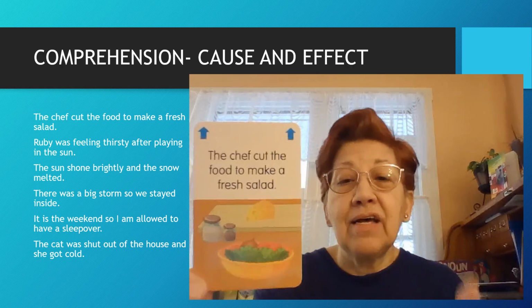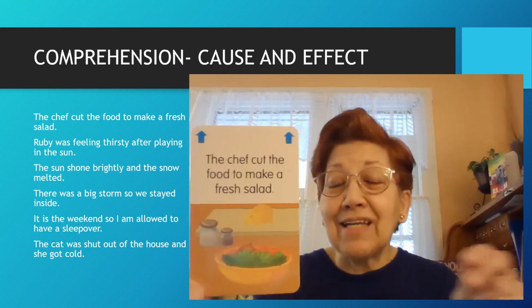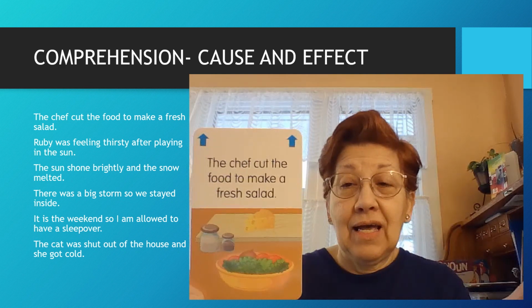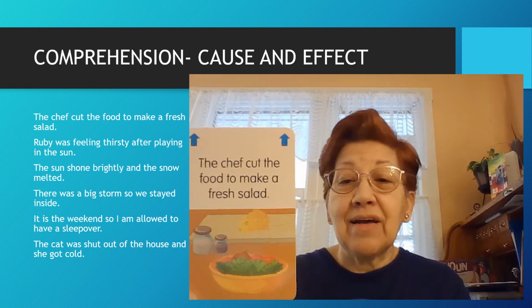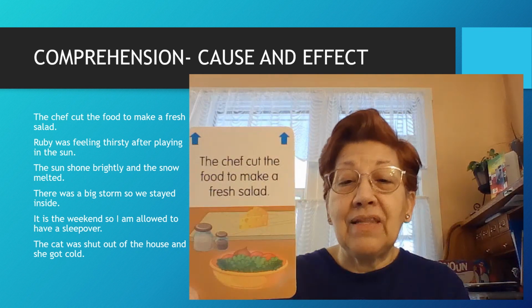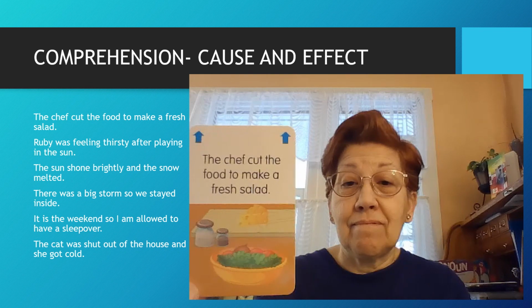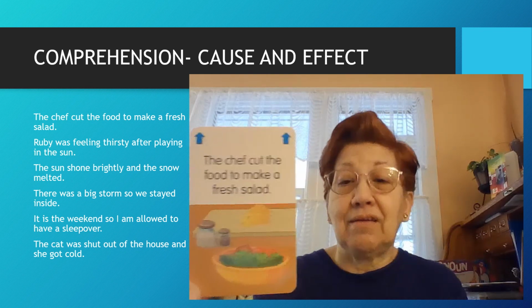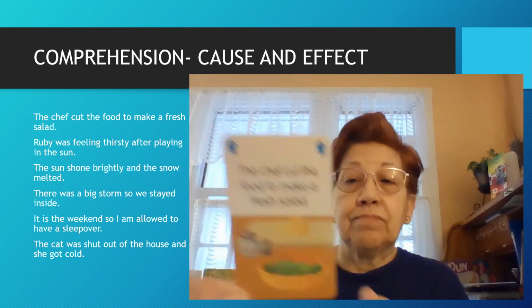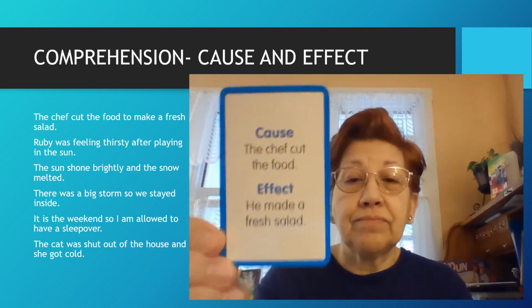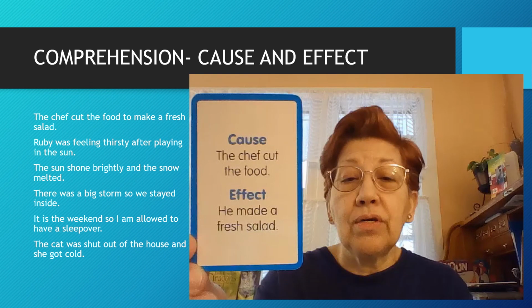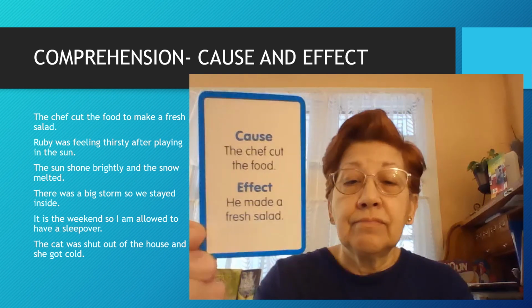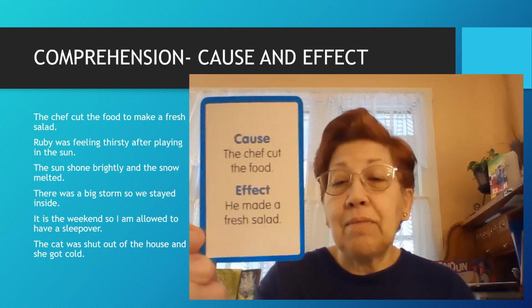Okay, so in this case, the chef is cutting the food. That's the cause, right? And the effect, what is going to be the outcome, right? The finished product is going to be the salad, and that's called the effect. I'm going to show you that. Okay, so the cause is the chef cut the food, and the effect is he made the salad.